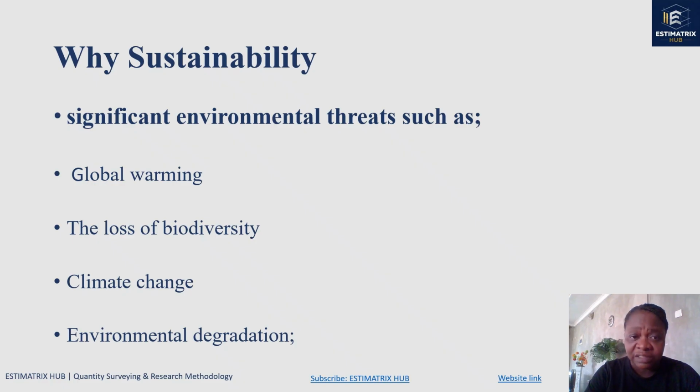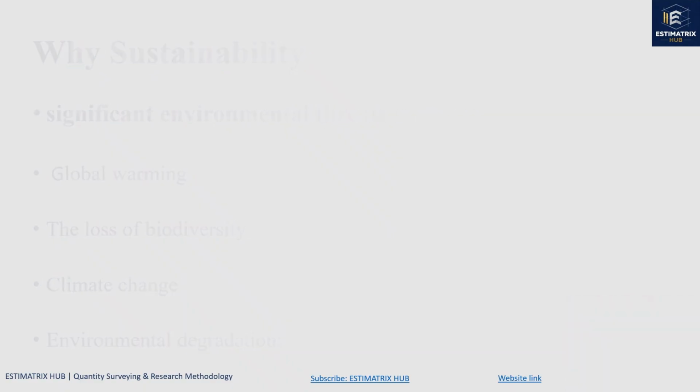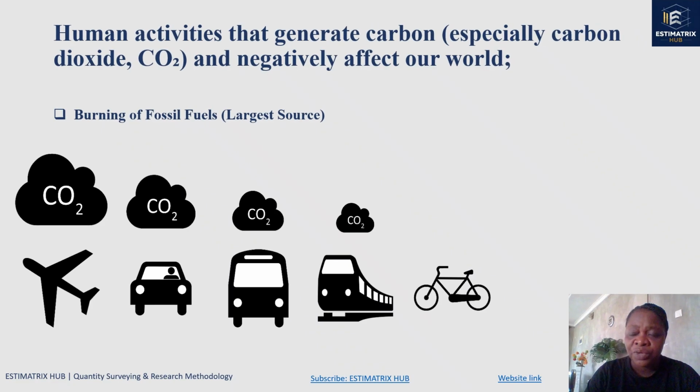These are the threats that have been posed to our world due to the way we live our lives. We want to look at some of the human activities that generate carbon, especially carbon dioxide. And these are the things that negatively affect our world.